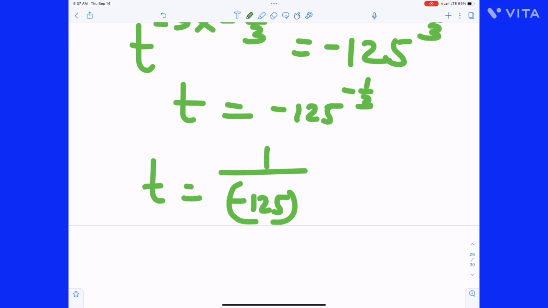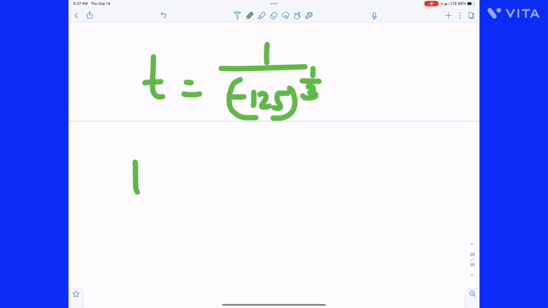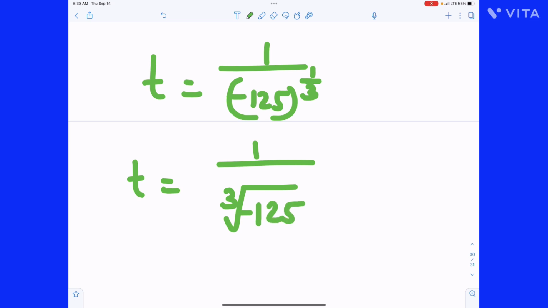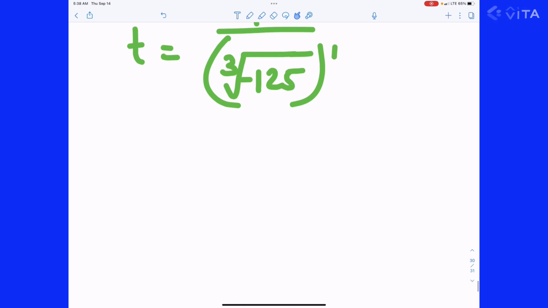You know what reciprocal means. So at the end of the day, we get t is equal to 1 over, the 3 here becomes the root. So that gives cube root of minus 125 raised to power 1. What's the cube root of minus 125?